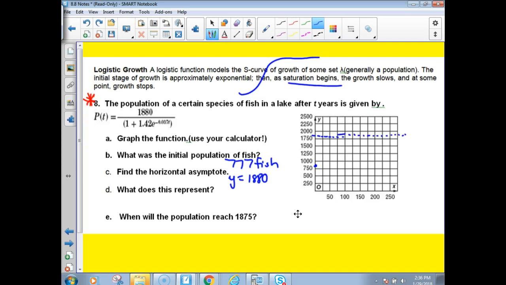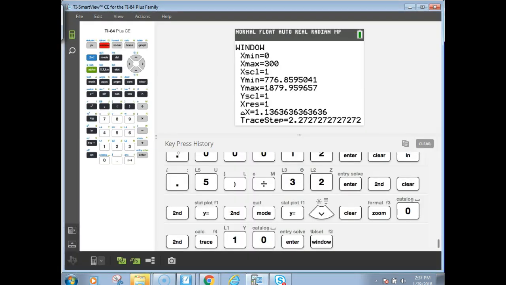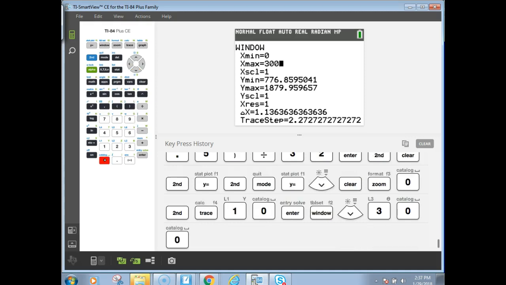By the way, we could have done something else with our graph if the zoom 0 didn't work for you. Did anybody have that problem? Okay, let me show you something. Go to your window so you can see your graph better. Isn't there a suggested window right on our paper? Okay, 0 to 250 or 300 I think is fine.